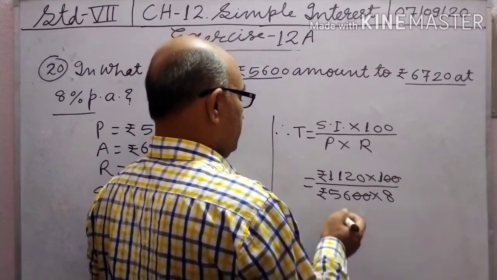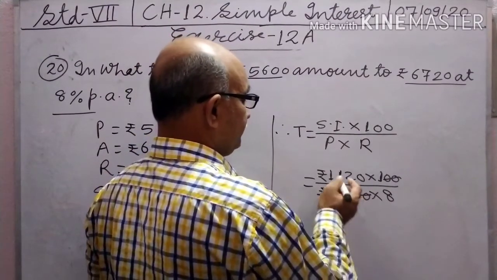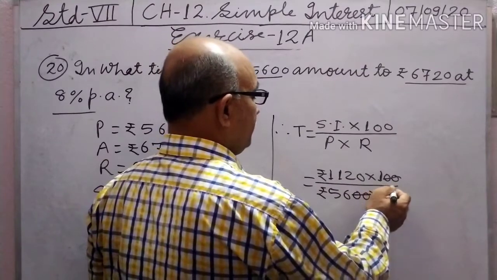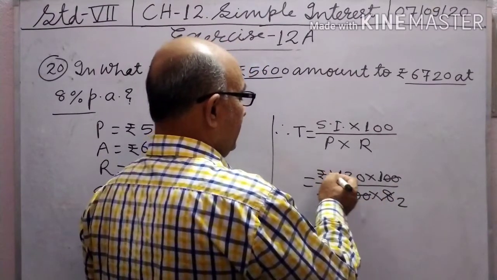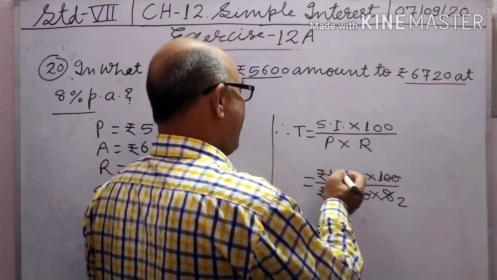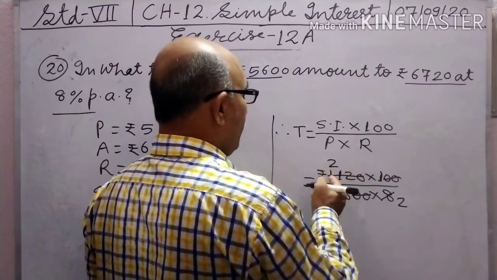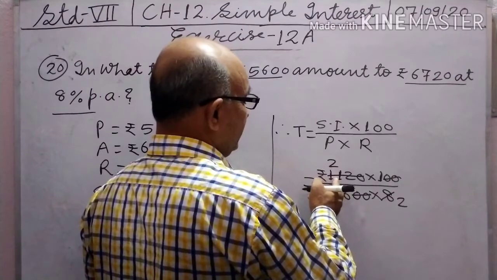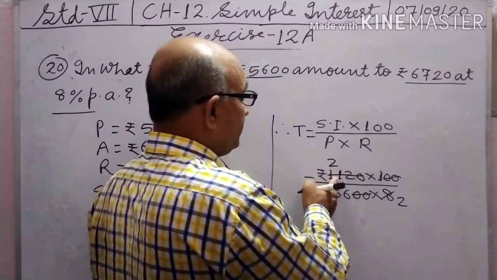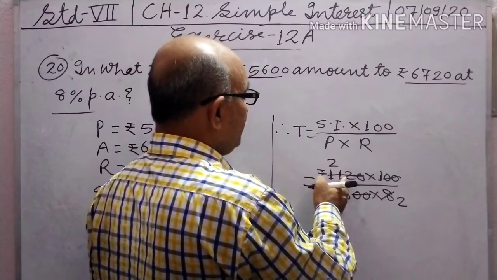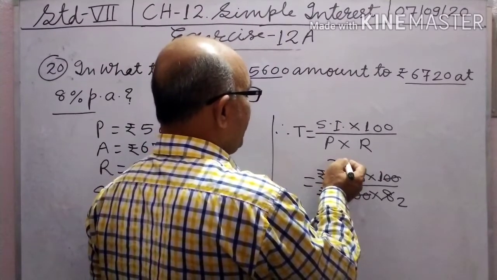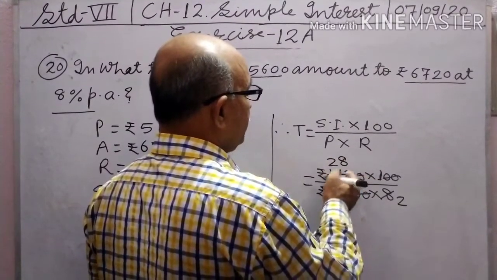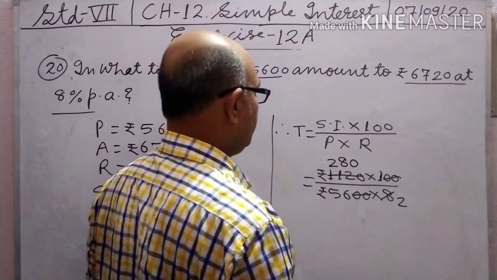Now 4 times. Cancel 4 times. 4 eights are 32. And divide it by 4 times. 4 eights are 32, and 0.